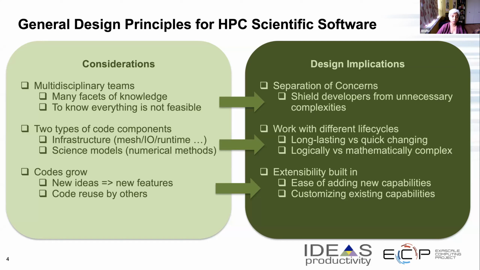So they're almost always used for purposes other than what the original designers of the code intended. And therefore, it is important to build extensibility in order to add new capability. It should be possible to have that kind of extensibility and also the ability to customize existing capabilities.